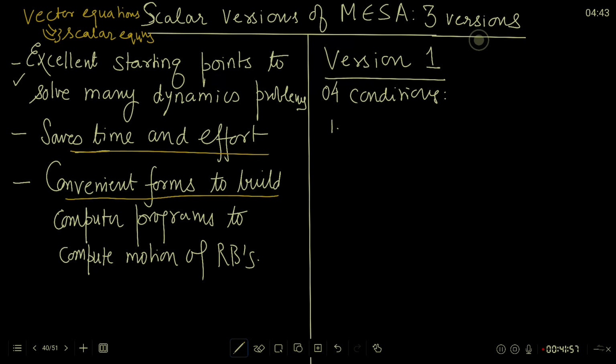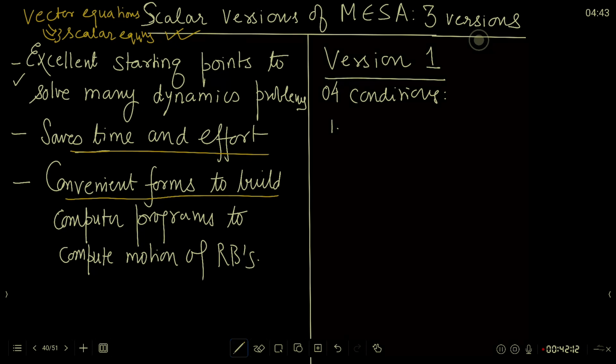And you will write a computer program. Writing a computer program will be easier with these three scalar versions of MESA that I'm talking about, right? So with this motivation, let's work on this. And once we are done with that, we will be ready to solve some example problems.